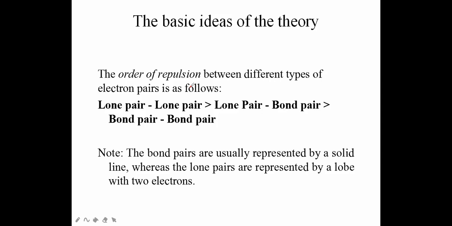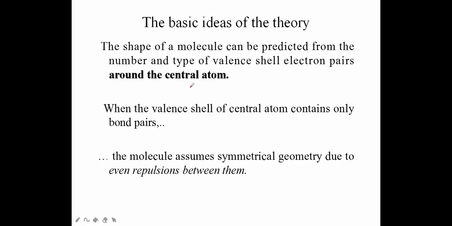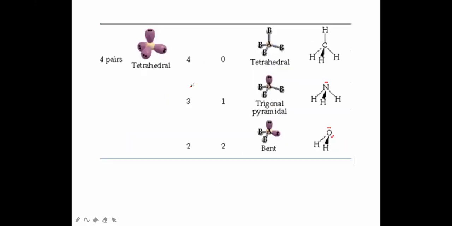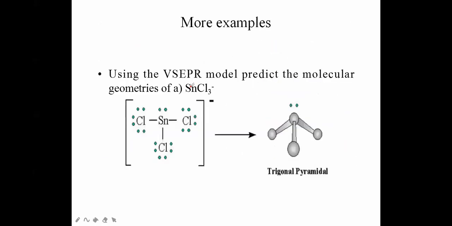What does this mean? Let's look at a structure. I'll get back to the previous slides so that we understand this. This structure here, the SnCO3, we have 3 pairs of electrons which are shared. Between these 3 shared pairs, there is less repulsion towards each other. These 3 do not repel each other that much.